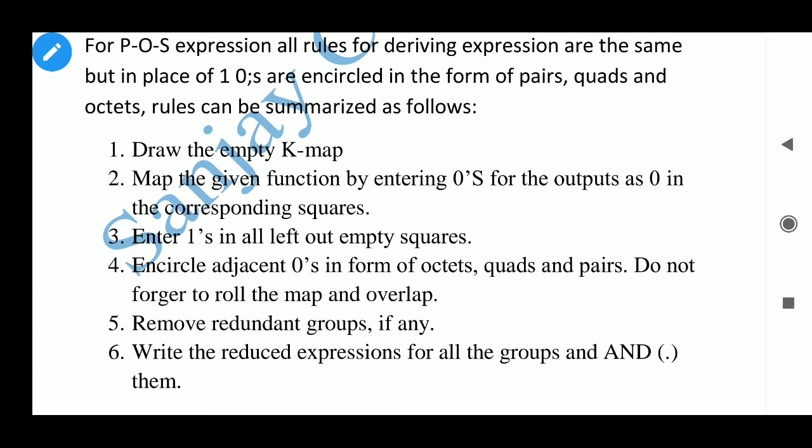Do not forget to roll the map and overlap. This is very important. Always you should not forget. Okay, then remove redundant groups if there are any. Write the reduced expression for all the groups and the dot operator must be used there.